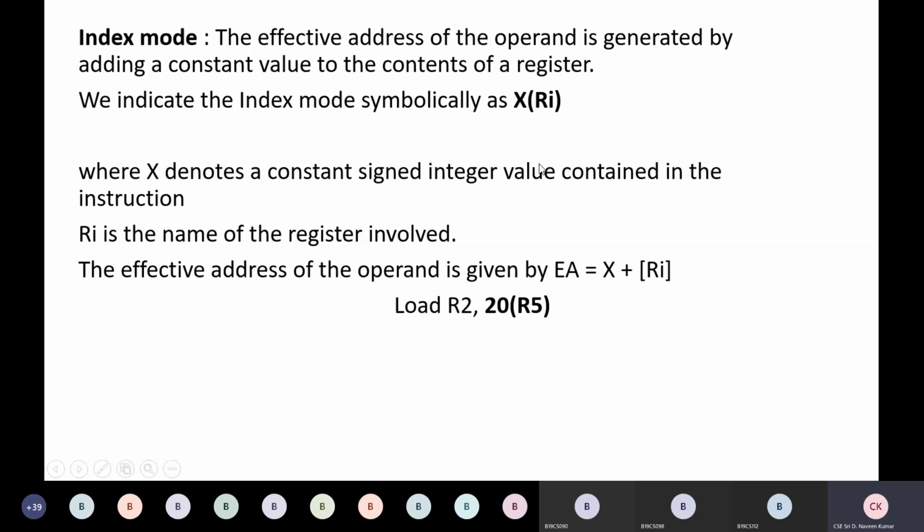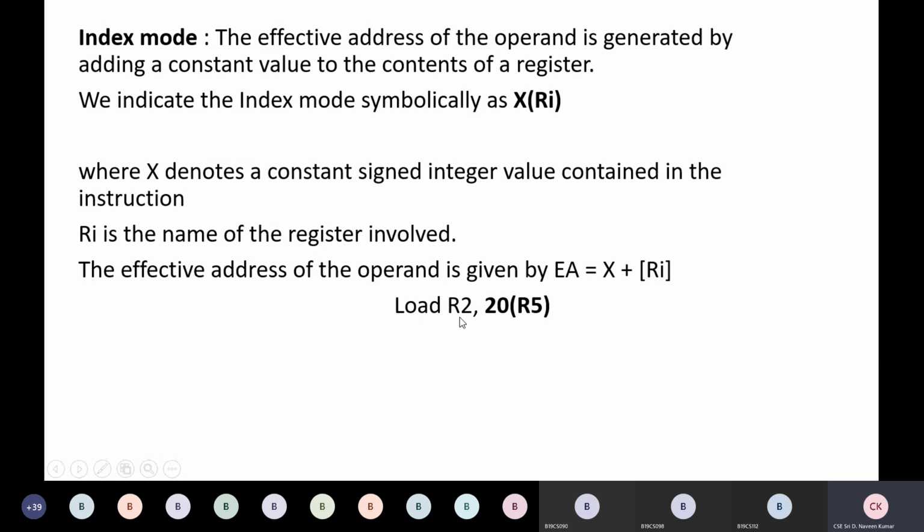And Ri is the register involved, maybe R0, R1, R2 or any register. So this will be an operand in the index mode.